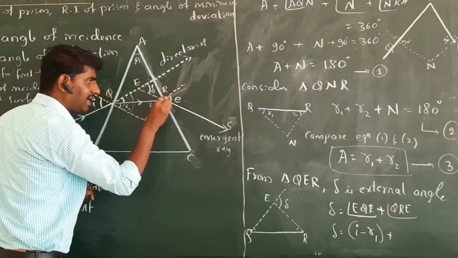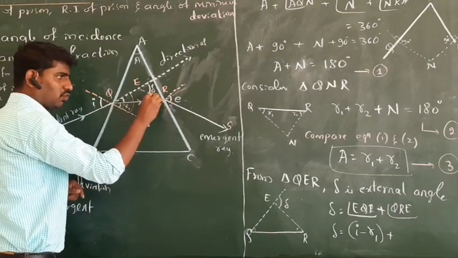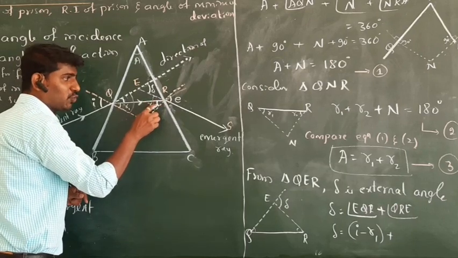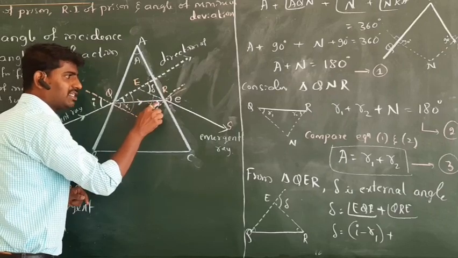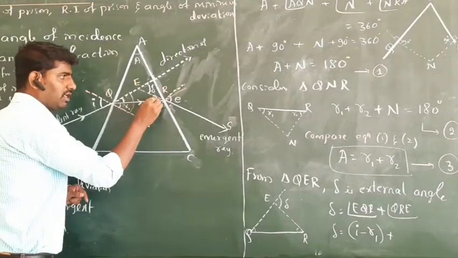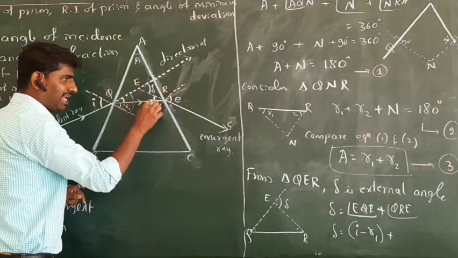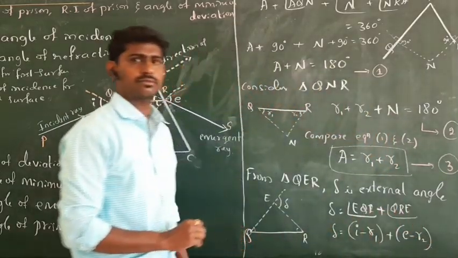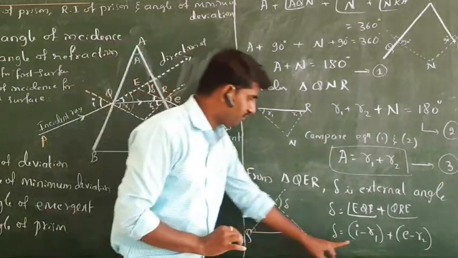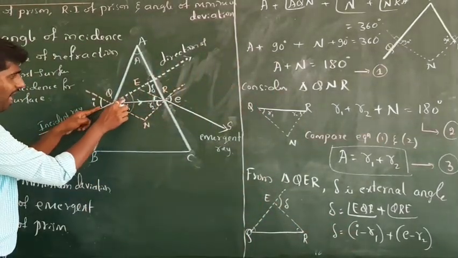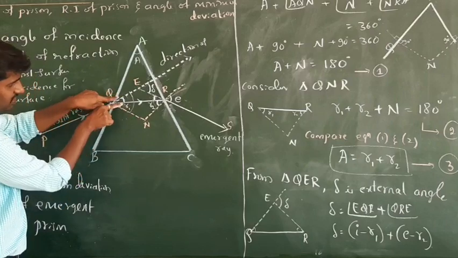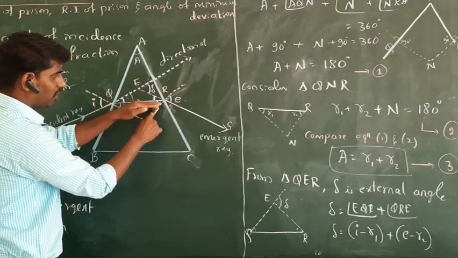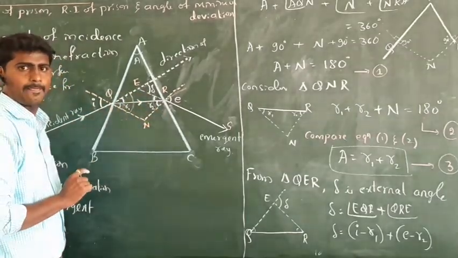The total larger angle is E, so this angle is equal to total angle E minus R2. I'll write E minus R2. Is it clear? This may be confusing: the total here was I, I removed R1 and got this much; the total is E, I subtract R2 and this much remains.